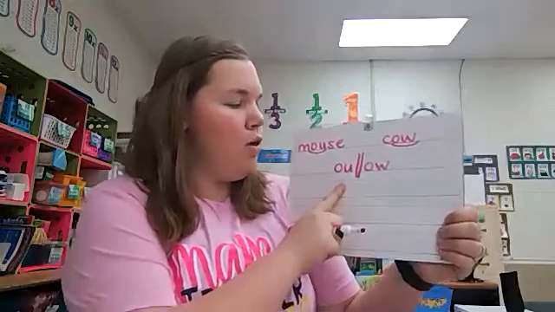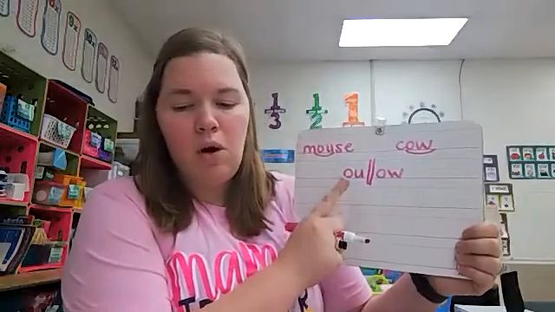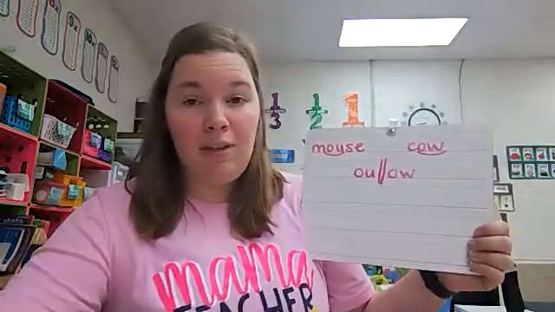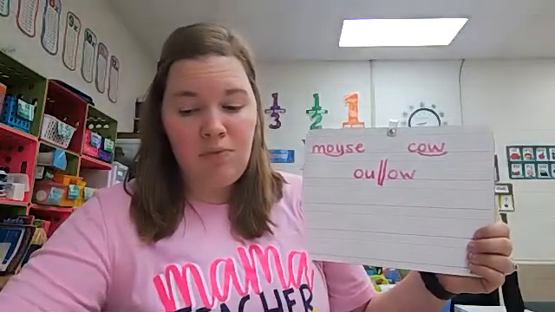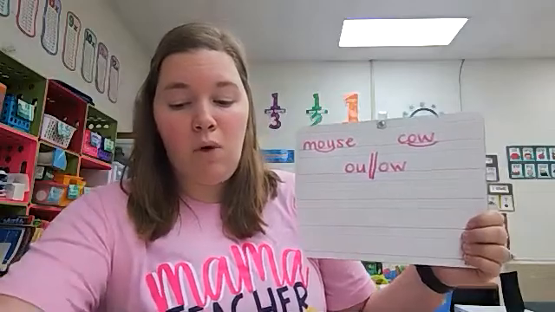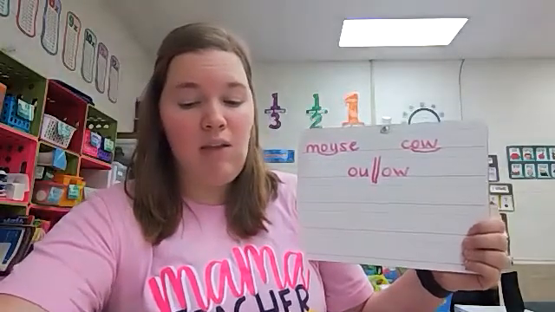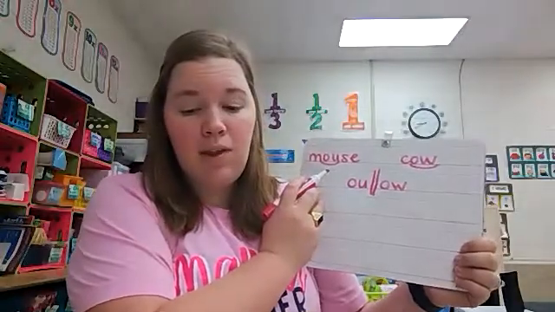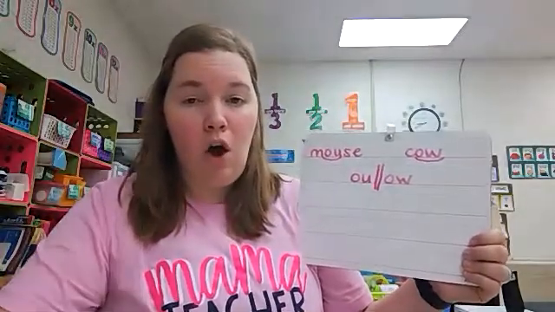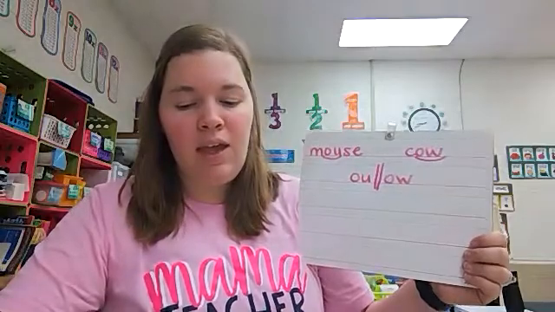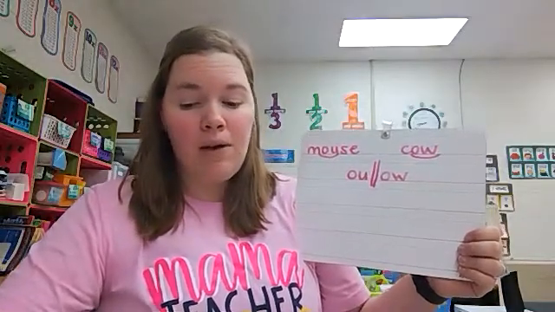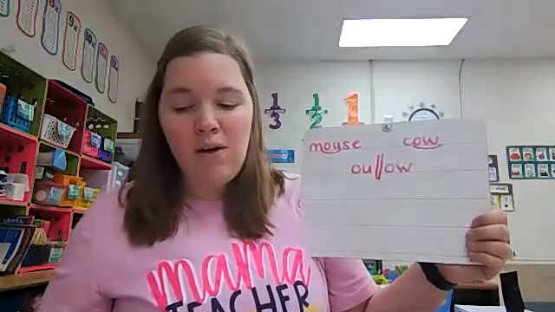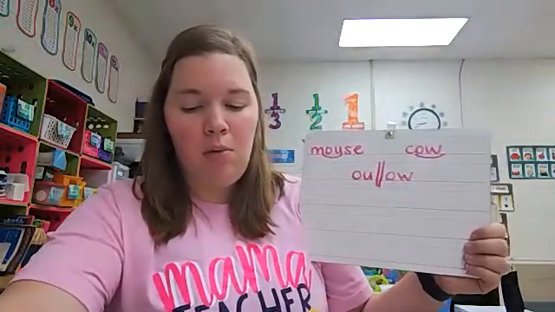Remember, OU is used in the initial or medial position. OW is used in the final position. So, if a word says ow in the medial position, like in the word mouse, it will be spelled with OU. If ow comes at the end of a word, like in the word cow, we use OW.